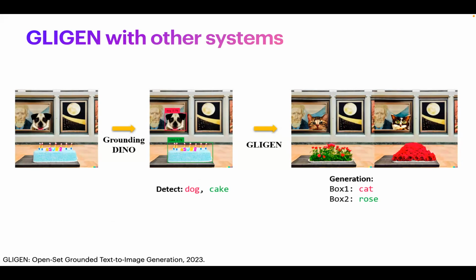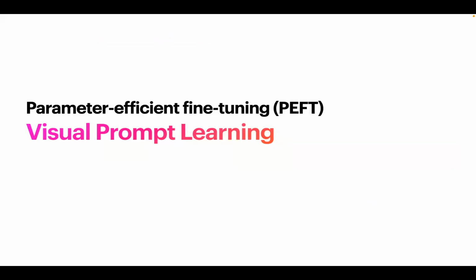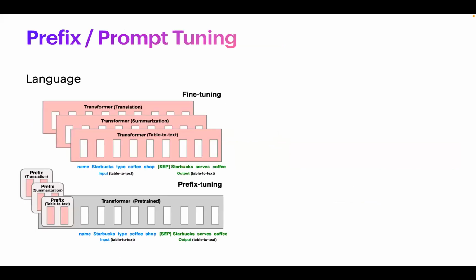Those are three examples of how to create a vision foundation model that has visual prompting ability. But I also want to elaborate on visual prompt learning methods as a parameter efficient fine-tuning method. The notion of prefix tuning or prompt tuning is a very popular framework in language, where you can essentially treat the prompt as a continuous vector that you can learn.